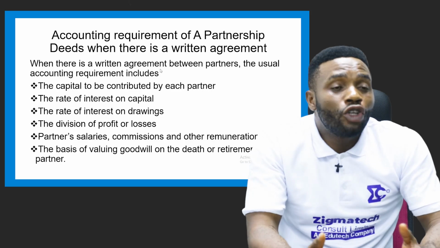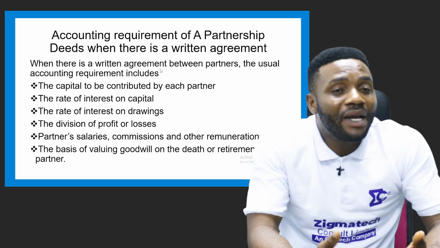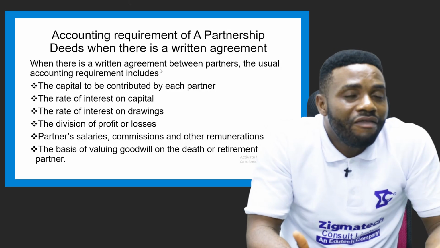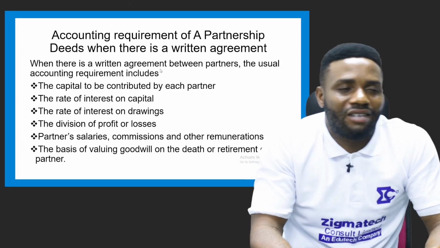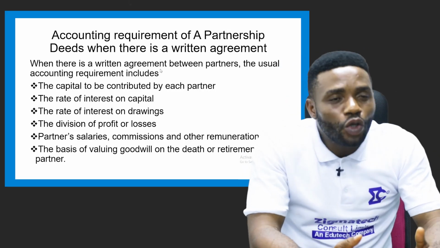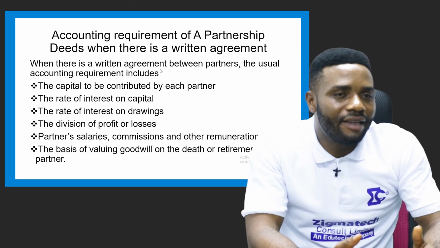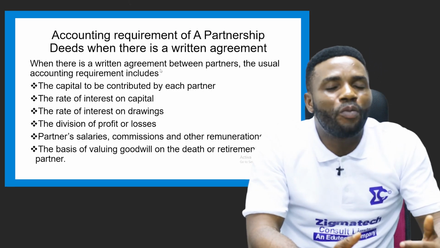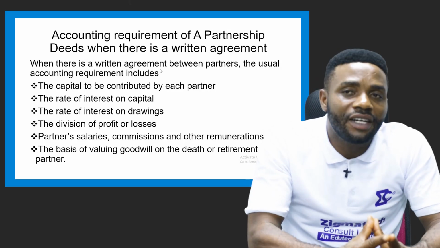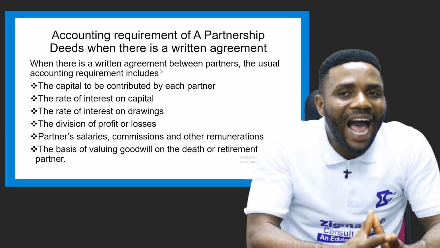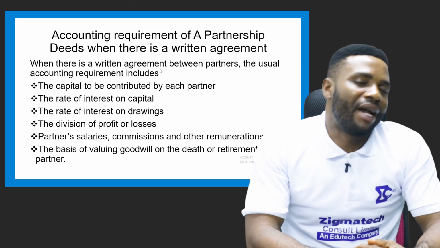Before you know it, personal challenges and personal interests can make the business run out of cash. So to discourage these tendencies, there is a need to come up with an interest rate, and this interest rate must be spelled out in the partnership deed.